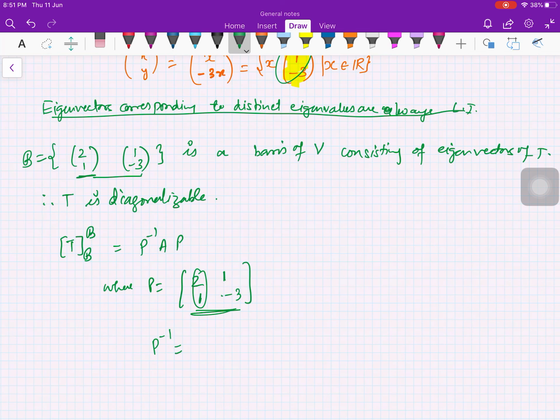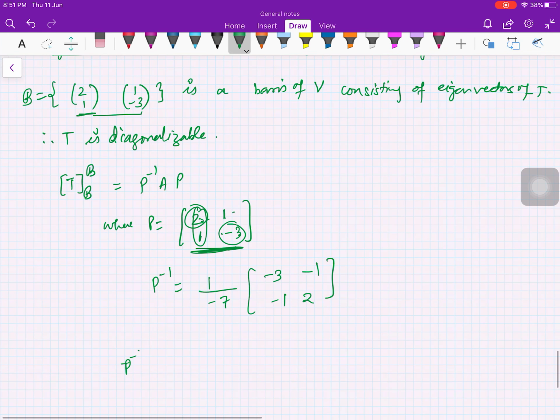Let us find P inverse. You know how to find the inverse of a 2 by 2 matrix. The determinant here is minus 6 minus 1, which is minus 7. Then you just swap the diagonal entries, giving minus 3 and 2, and put negative signs on the off-diagonal entries. So this is your P inverse.